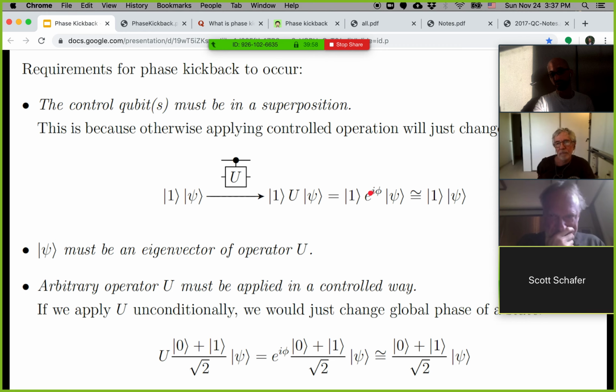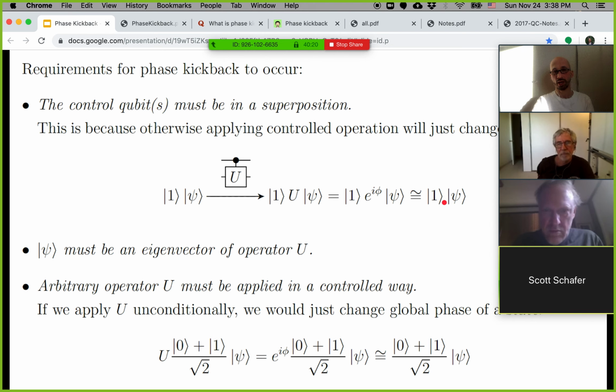And in this case, the number is just a global phase, and it could be dropped. So essentially, from a physical perspective, we get exactly the same state as we started with. There is physically no difference, so we didn't do anything. And if you put 0 here, nothing will change anyway, because the control qubit doesn't act on 0.